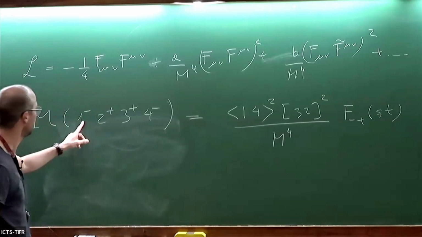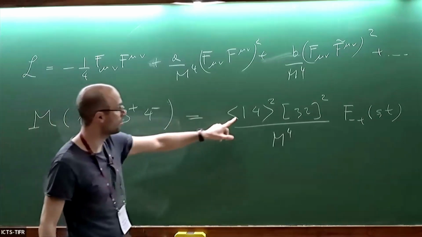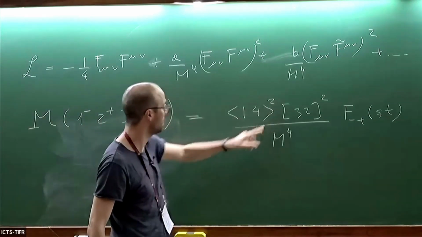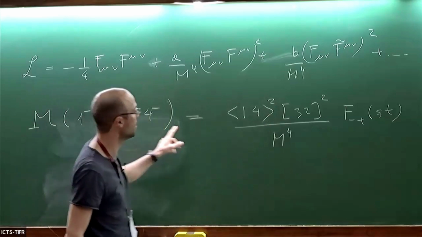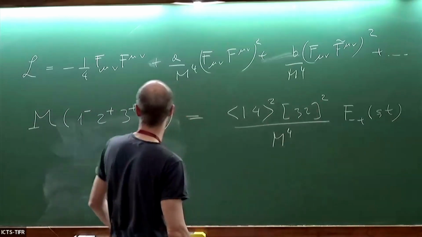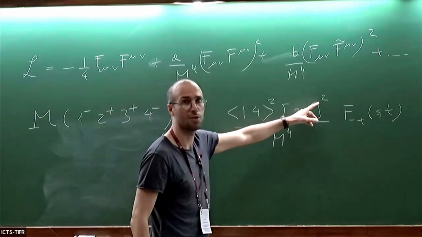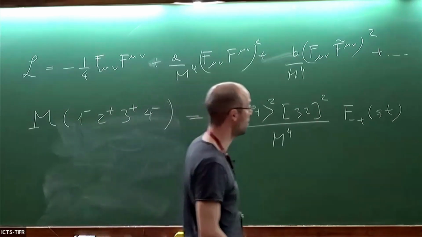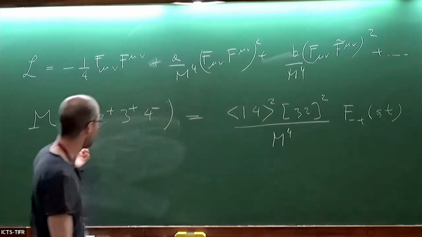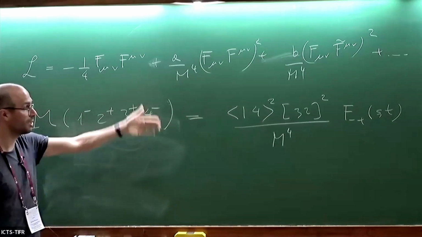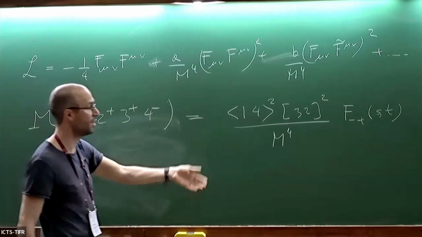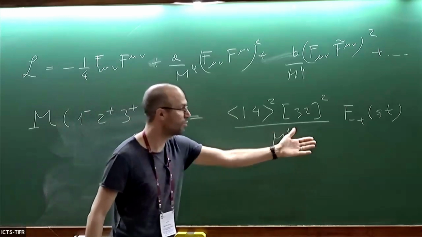You see that 1 minus indeed has 2 powers of the angle brackets, 2 plus is here, and the rest also matches. However, Alex was referring to the standard model where you have only marginal and relevant operators. So this operator you would not be able to write.